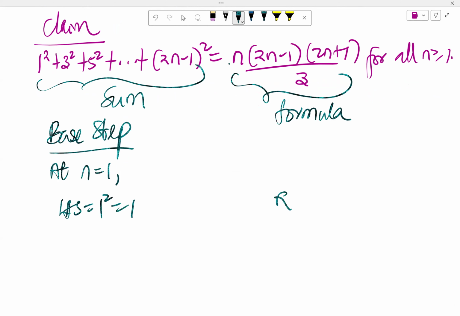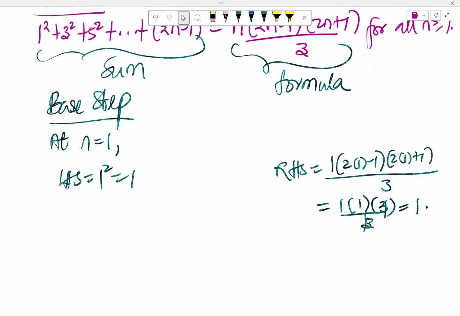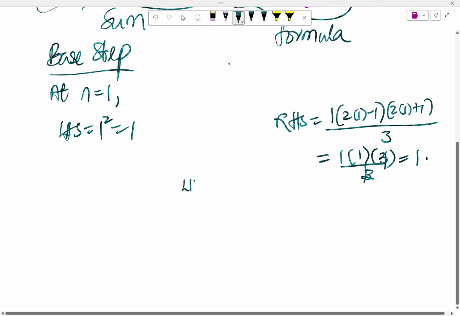And the right-hand side is 1 into (2 into 1 minus 1) into (2 into 1 plus 1), all over 3. That is 1 into (2 minus 1) into (2 plus 1), that is 3, all over 3. So 3 cancels, and you still have 1. So the left-hand side is equal to the right-hand side, which is equal to 1.